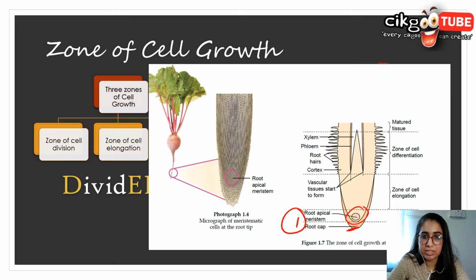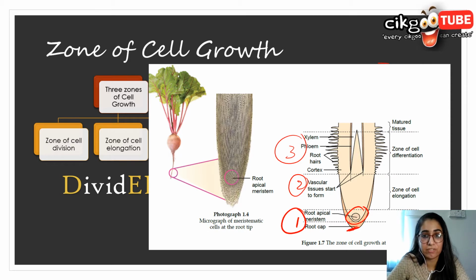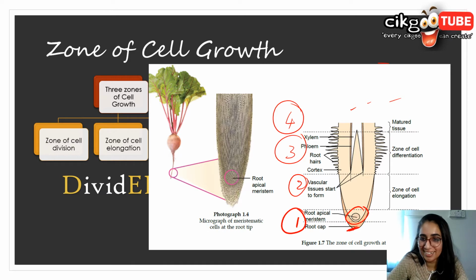Then we have number 1 here, zone of cell division. Number 2 is the zone of cell elongation. Number 3 is the zone of differentiation. And number 4 is mature tissues. So that's how you remember. Just remember: divide, elongate, and differentiate. And then they become mature. They are grown up.